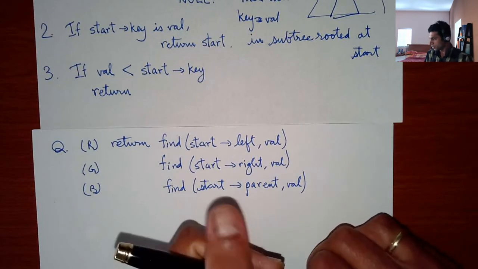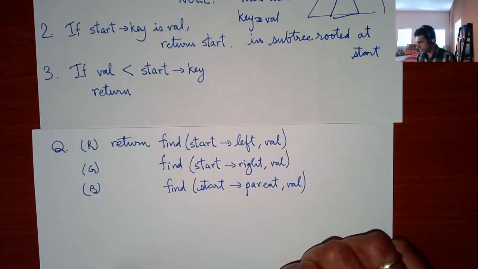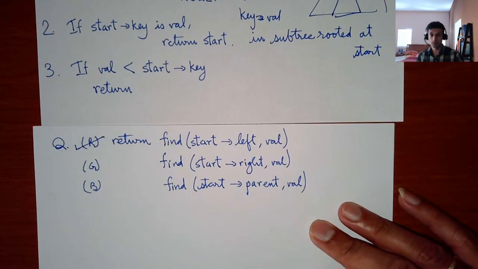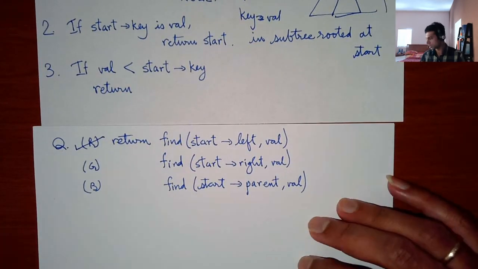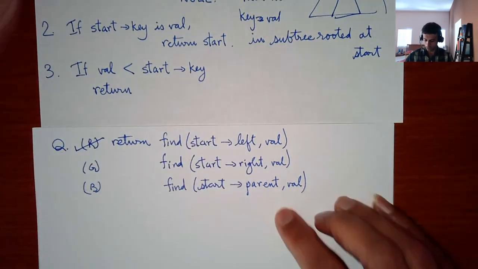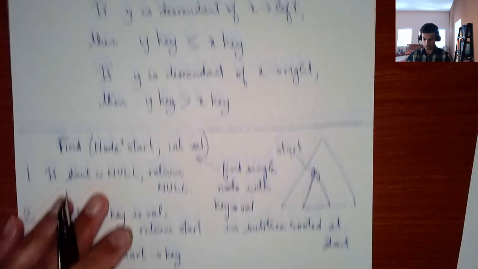So it seems there is a little bit of confusion. So the answer is this. Why is that? Remember the binary search tree property.